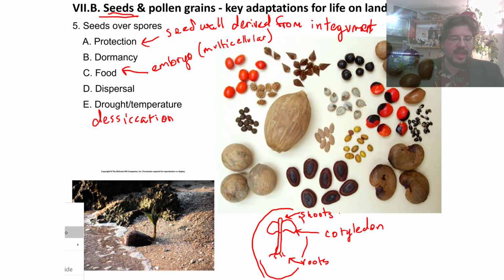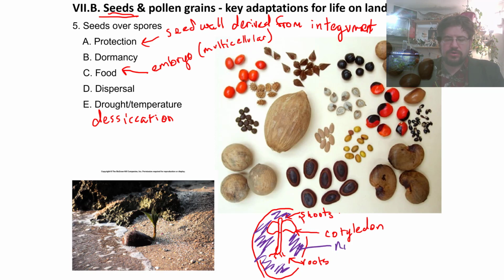So we have that embryo growing, so we don't have to worry about growing from a single cell. And within the seed, we actually have nutrients, right? So this is a nutrient tissue.